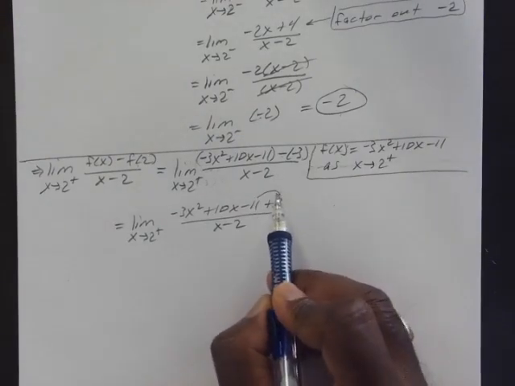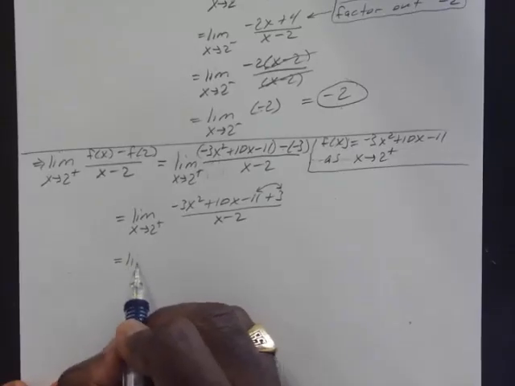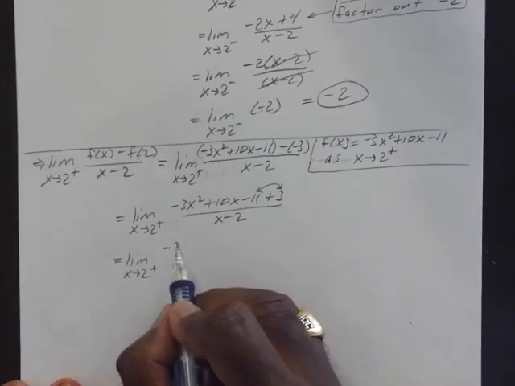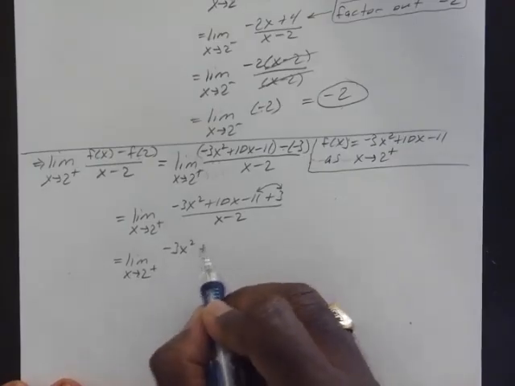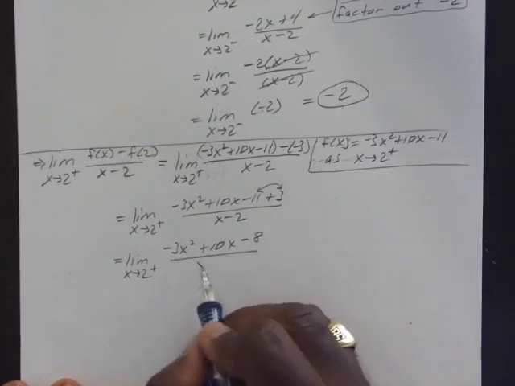Okay, so we can go ahead and combine the two constants. So you have the limit as x approaches 2 from the right of negative 3x squared plus 10x minus 8 all over x minus 2.